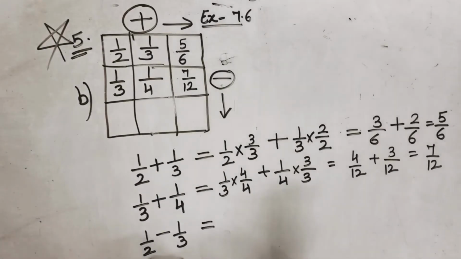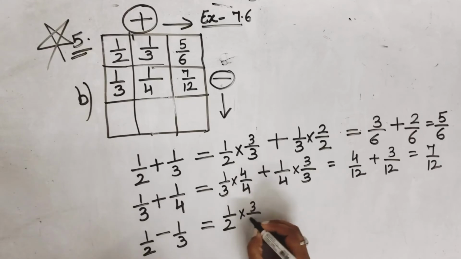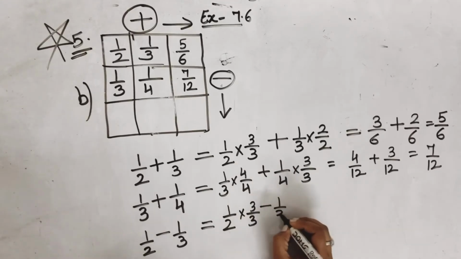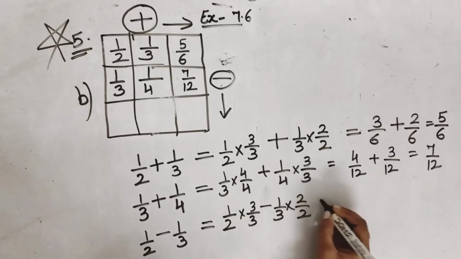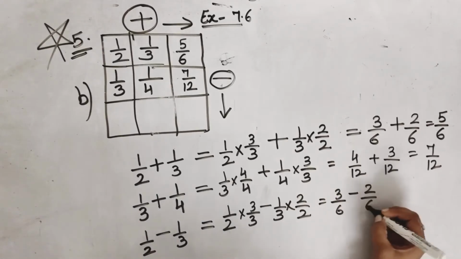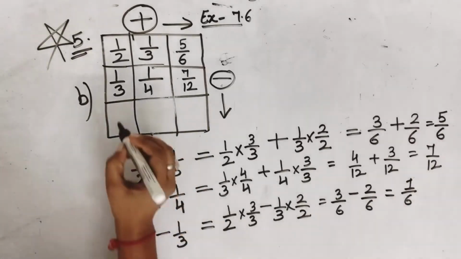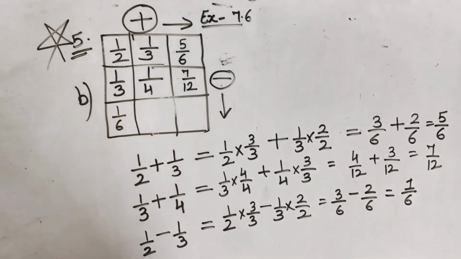Subtract. Again LCM is 6. 1 by 2 into 3 by 3 minus 1 by 3 into 2 by 2. It is equals to 3 by 6 minus 2 by 6. 1 upon 6. So in this box 1 by 6 will come.